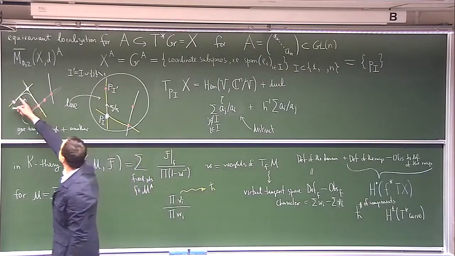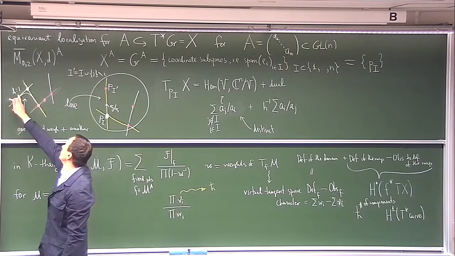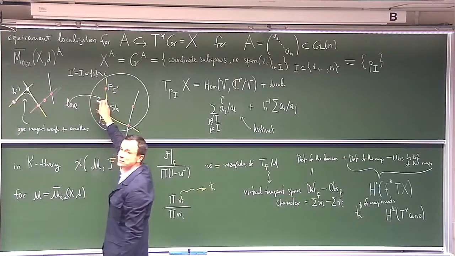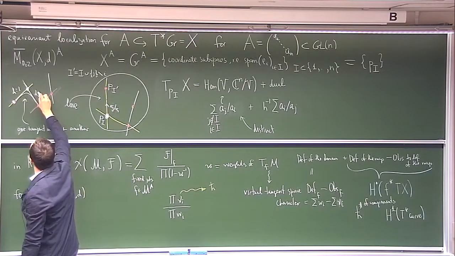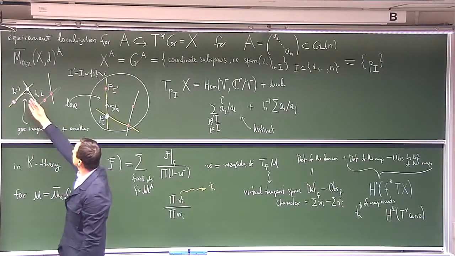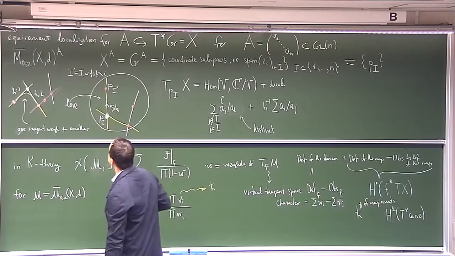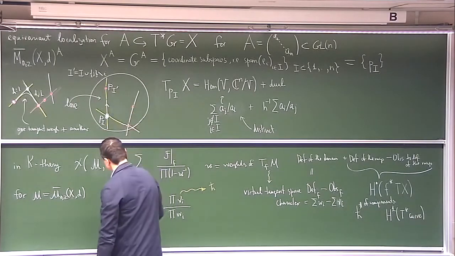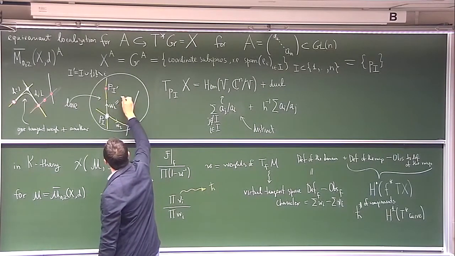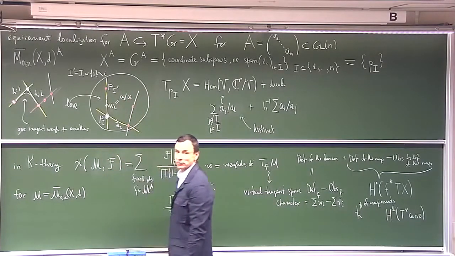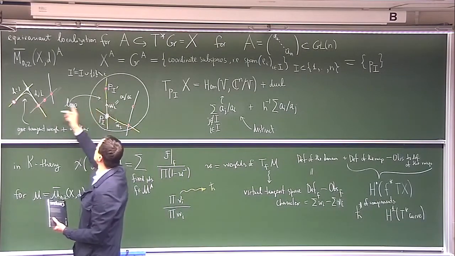It could be that this map is some d1-to-1 covering, where some variable z here goes to z to the d1 there. And if similarly you take a d2-to-1 covering there, then the real tangent weight, if you have some weight w1 and another weight w2, is not really w1 plus w2, because the weight on the curve is w1 divided by d1.